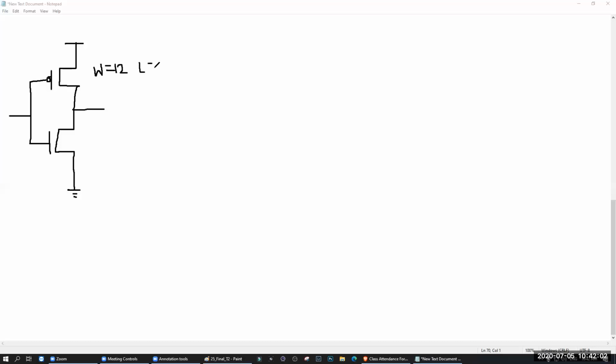And L equal to, not 4, 3 micrometer. For NMOS, the W was 4 micrometer, L was 3, right?